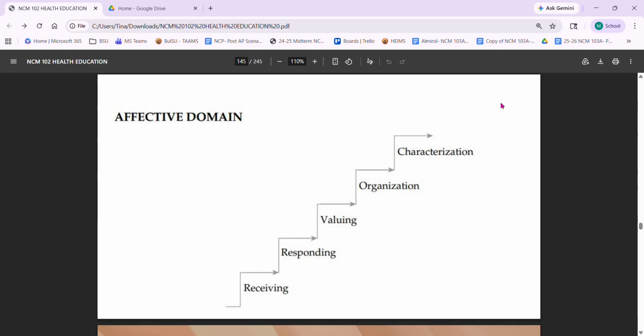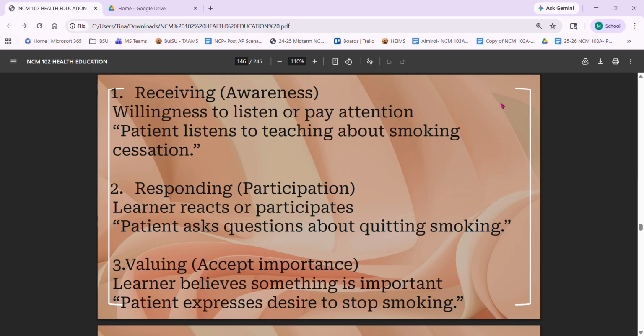And again, you have your level. So kung kanina 6, here you have 5. Receiving, responding, valuing, organization, and characterization. So when you say receiving, yung awareness, willingness to listen or pay attention. Patient listen to teaching about smoking cessation. Okay? Pag responding, so you will go a step higher.